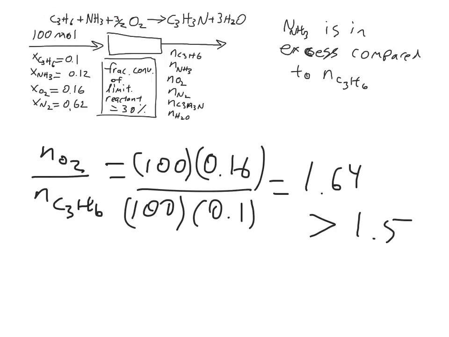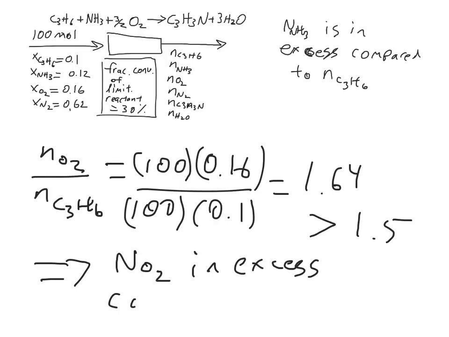So this tells us nO2 is in excess compared to nC3H6. We've looked at all the different species that are present, and we know that O2 is in excess and NH3 is in excess.